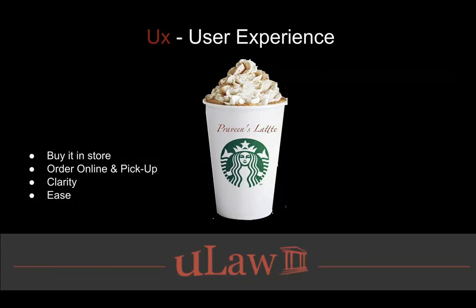So you give them different options where, for example, if you take Starbucks, you're able to pre-order, pick it up at the store, buy it online, with all the available options today, like different coffees, the sizes, the choices you have available, and the ease of placing the order or ease of purchasing it.